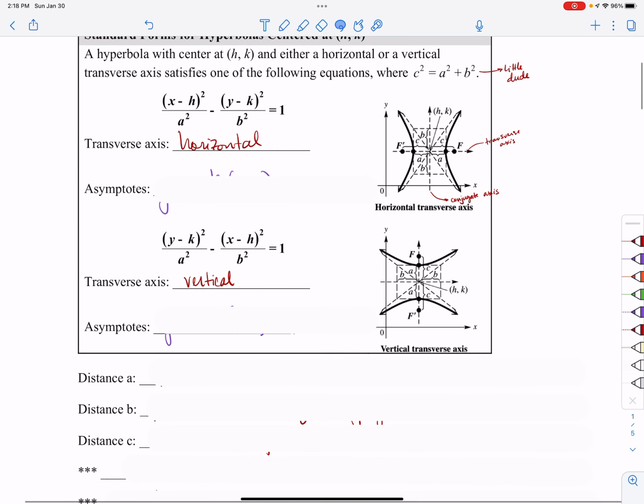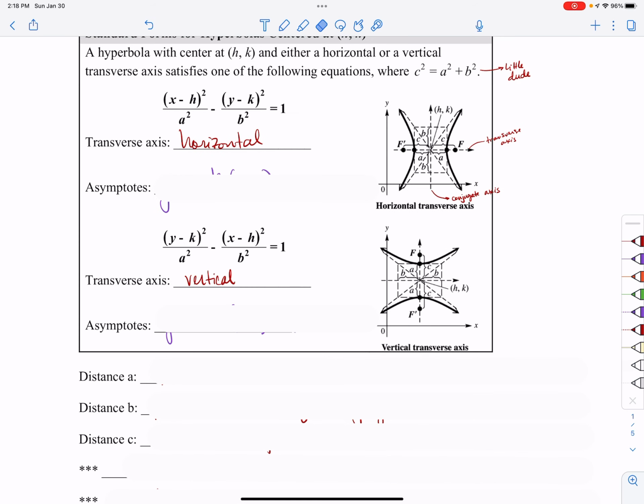I am going to give you the equations of the asymptotes. Understand, please, that when you go to do your assignments, you will be required on several questions to find the asymptotes. So just be aware that these are the equations that you're going to use for that.